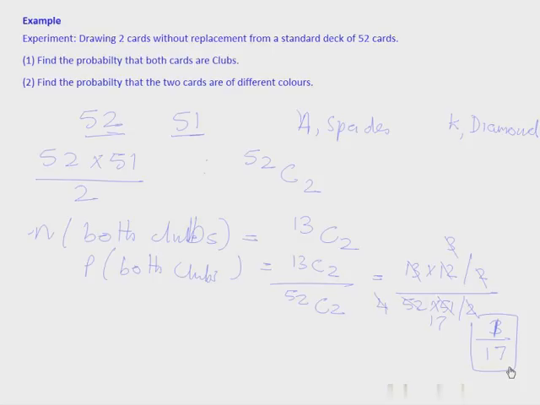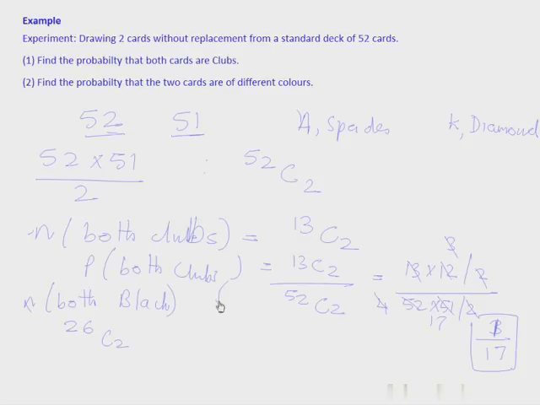Find the probability that the two cards are of different colors. So I'm going to now do the complement of the event. I'm going to find the probability that the two cards are of the same color. So let's find out both black. That's easy. That's like doing both clubs. And both black would be 26C2, because there are 26 black cards and I want to pick 2.